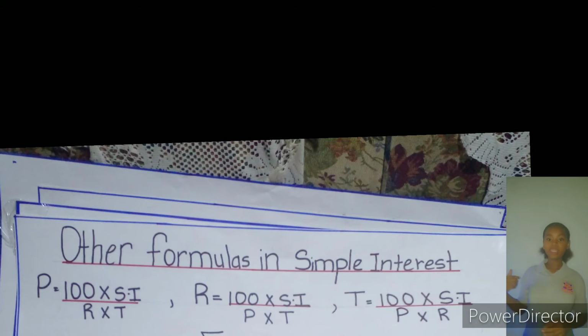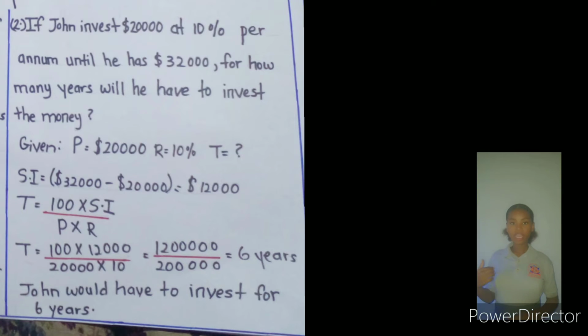Behind me there are some examples of how we can solve to find the principal, the rate, and the time. Look at the example behind me and let's solve it. Do you remember what the formula was? Yes, very good. 100 times SI divided by P times R. That's the formula we'll use because the unknown value is T, the yearly amount.